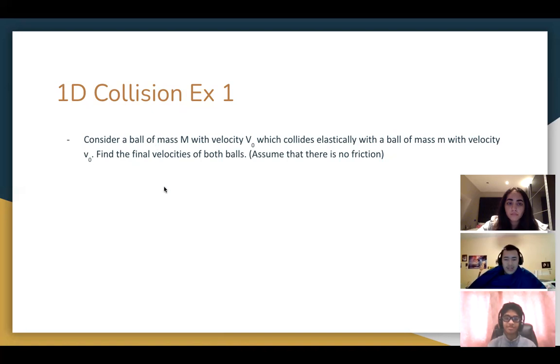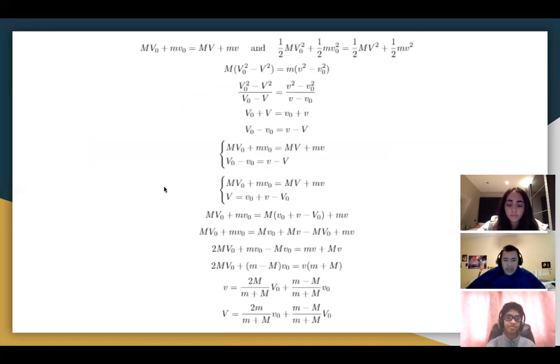Okay, so for this problem, we start off with our formulas for kinetic energy and momentum, since they're both conserved. We then do some simplifications. This formula comes directly from our conservation of energy formula.